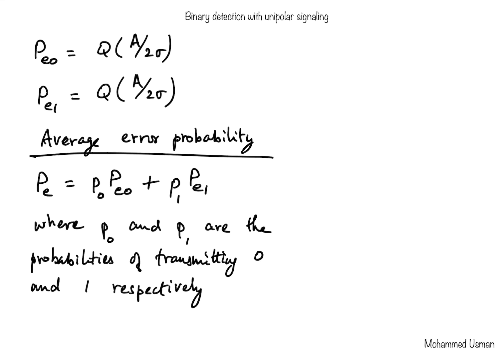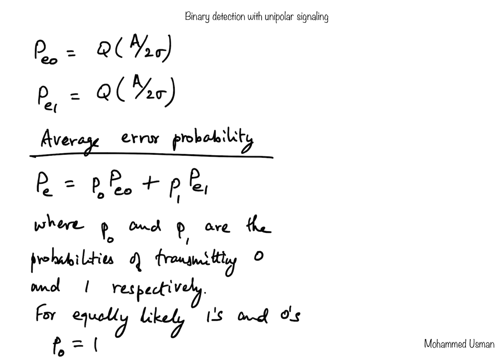And when we have the 1s and 0s to be equally likely, the probability of transmitting 0 is equal to the probability of transmitting 1, and that is equal to half. So both have 50% chance. That's what we mean by equally likely.